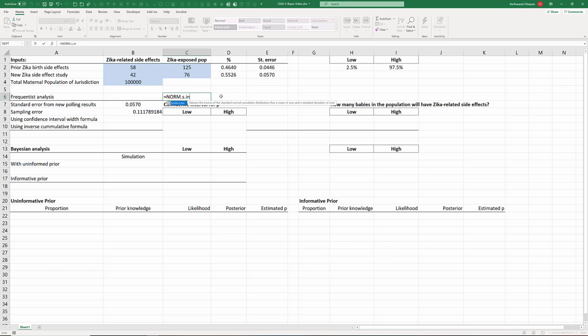So you'll get the z-score, norm s dot inv, and this difference is the probability.